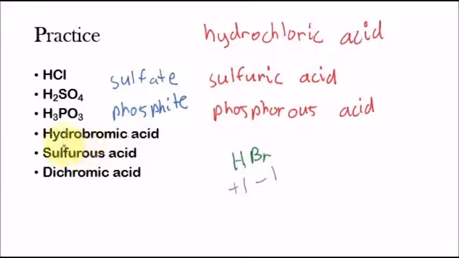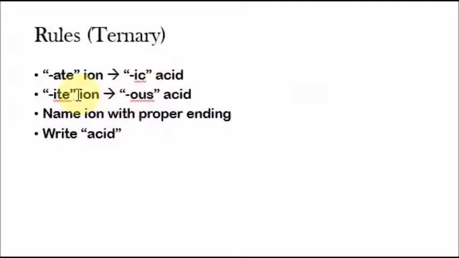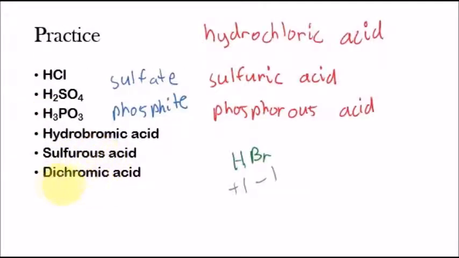Now, sulfurous acid. Since we don't have the hydro in front of it, we know we're looking at a polyatomic ion, a ternary acid. We know it's an ite ion because it has the us ending. The only ite ion which has the sulfur is sulfite.